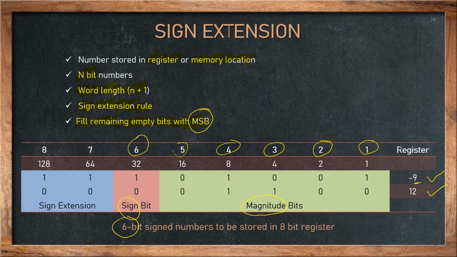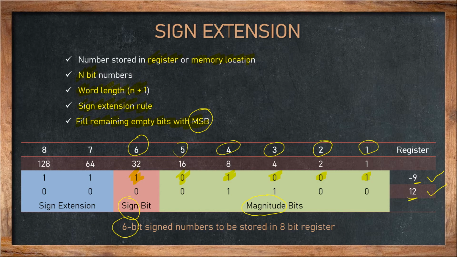It will be 0, 1, 0, 0, 1. This is the binary for 9, but because it is negative, my MSB will contain 1. In a similar way, we have another number, that is 12.